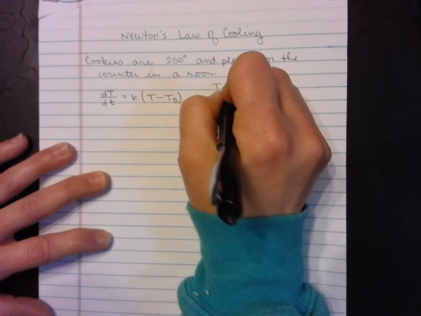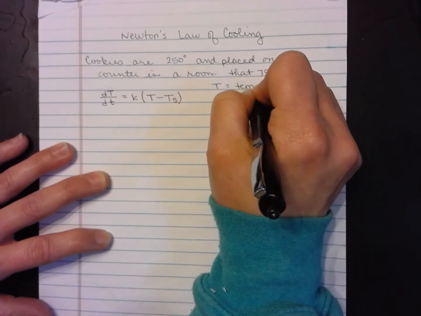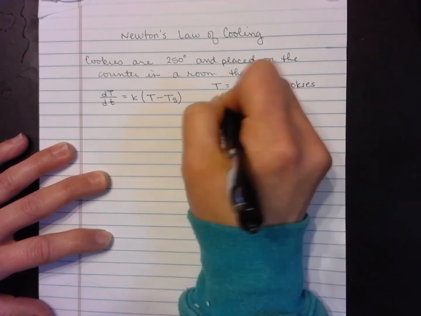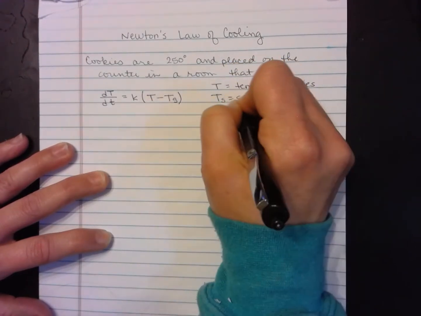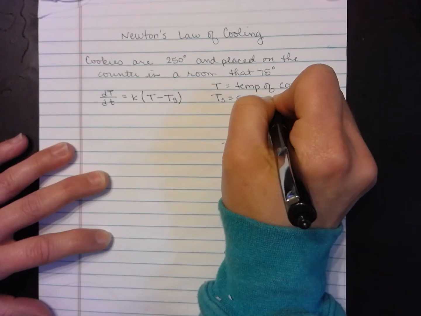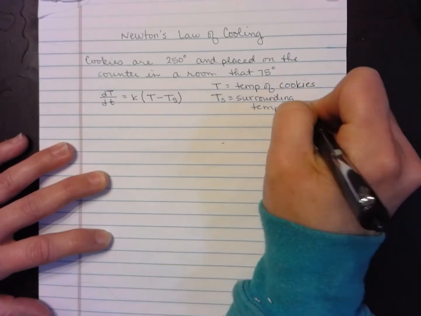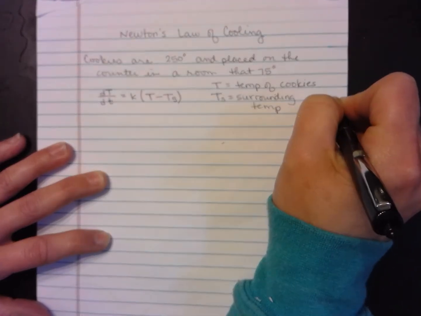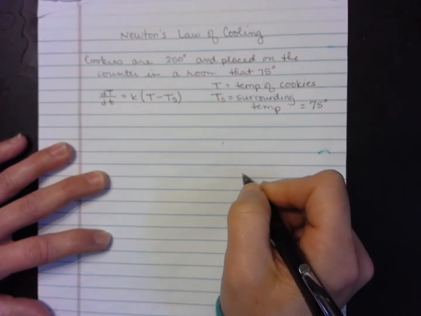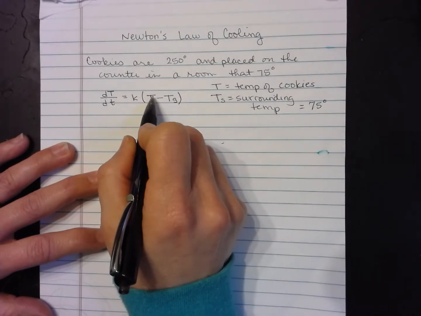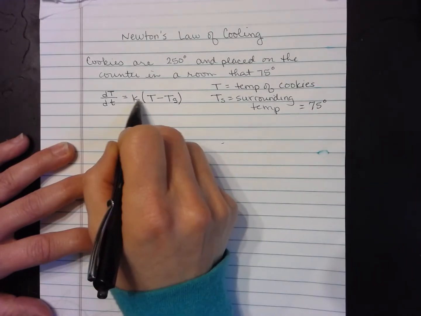Capital T is the temp of the cookies. T sub S is the surrounding temperature, which does equal 75 degrees in this case.